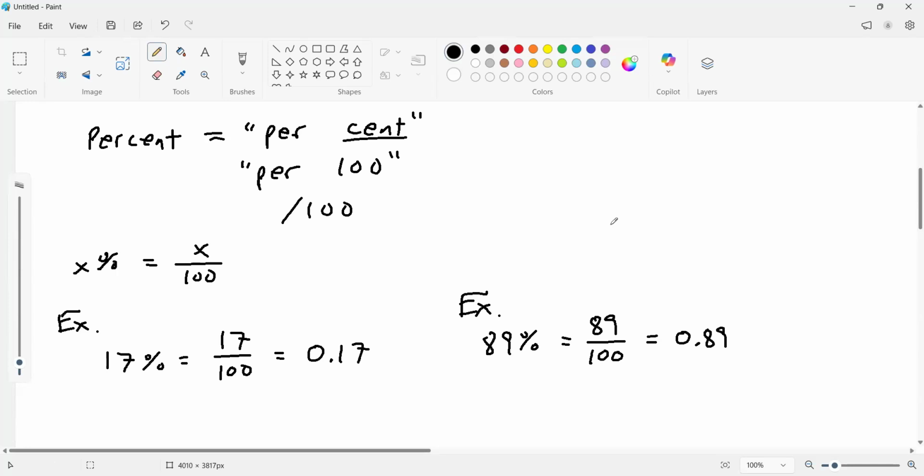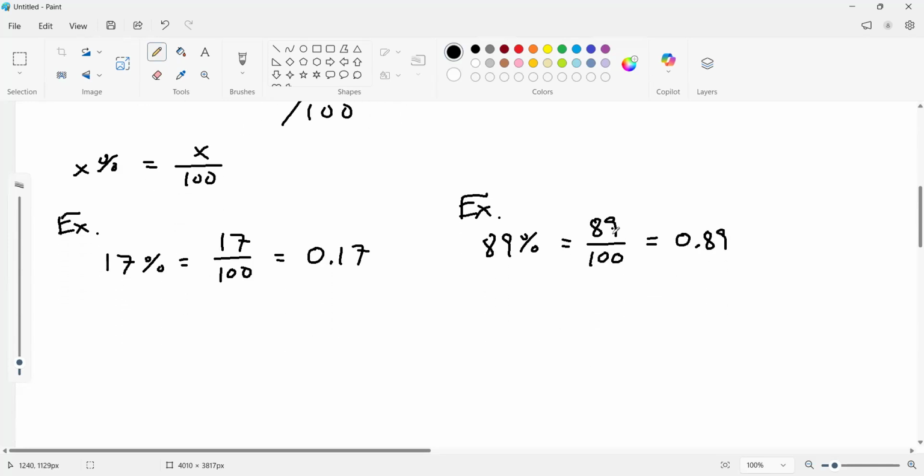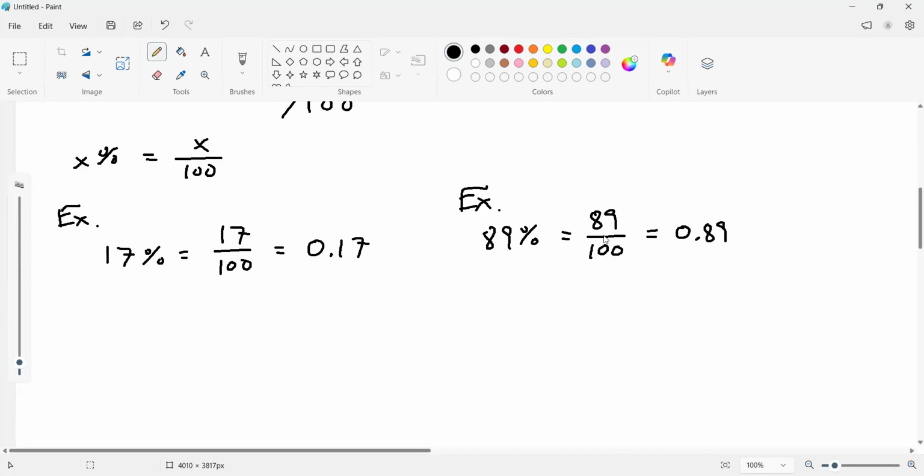I will show one specific type of example, because sometimes you might be thinking, not all fractions will always just have 100 in the denominator, and not necessarily. Say I had 25%. The definition tells me that 25% is 25 per 100, so 25 over 100.